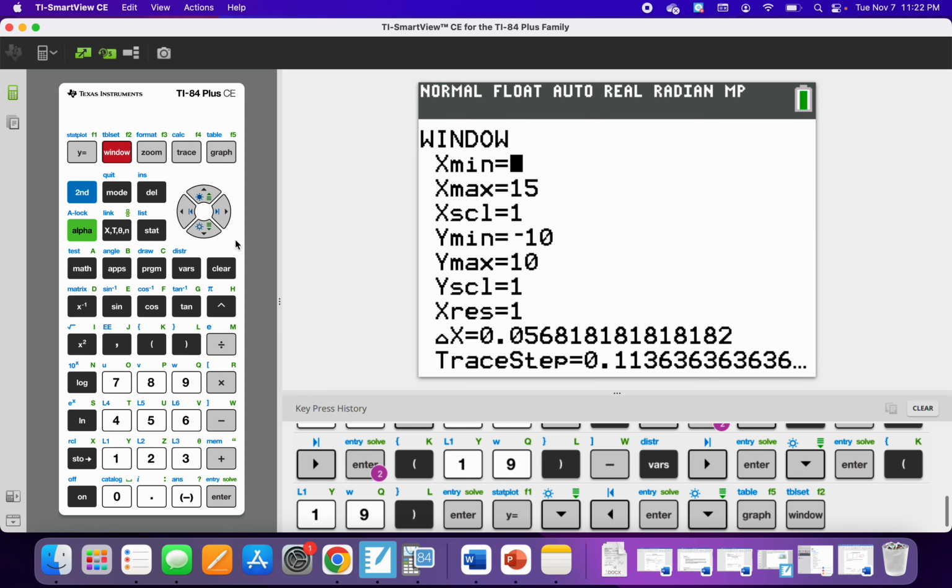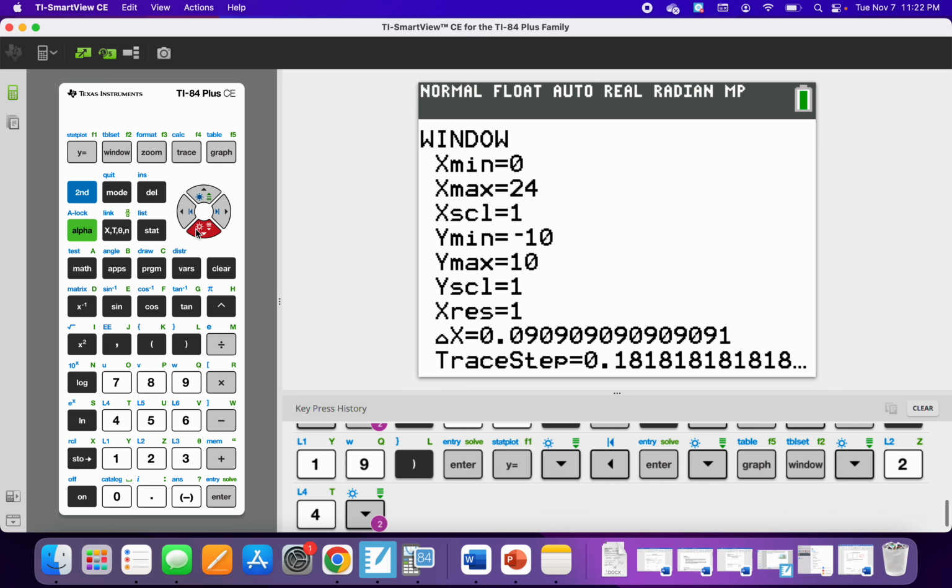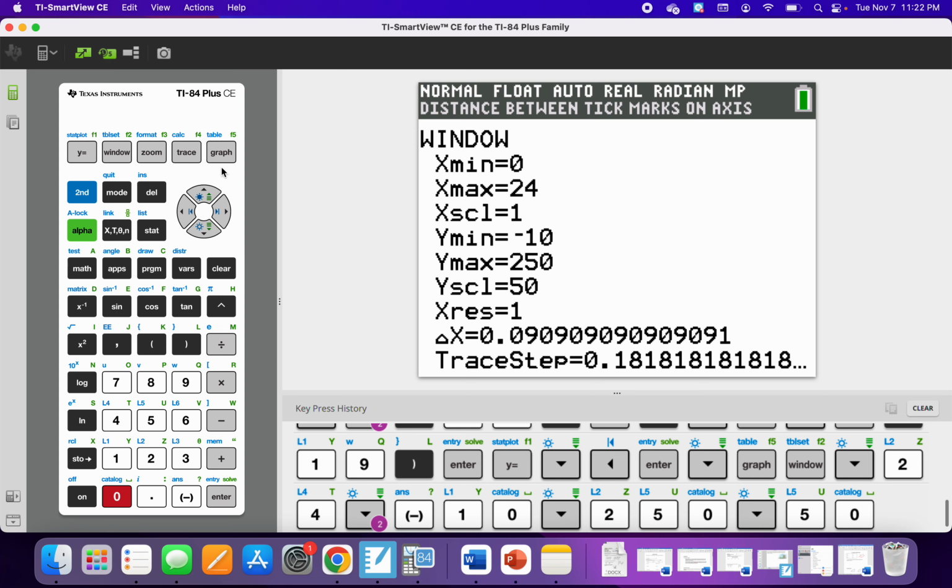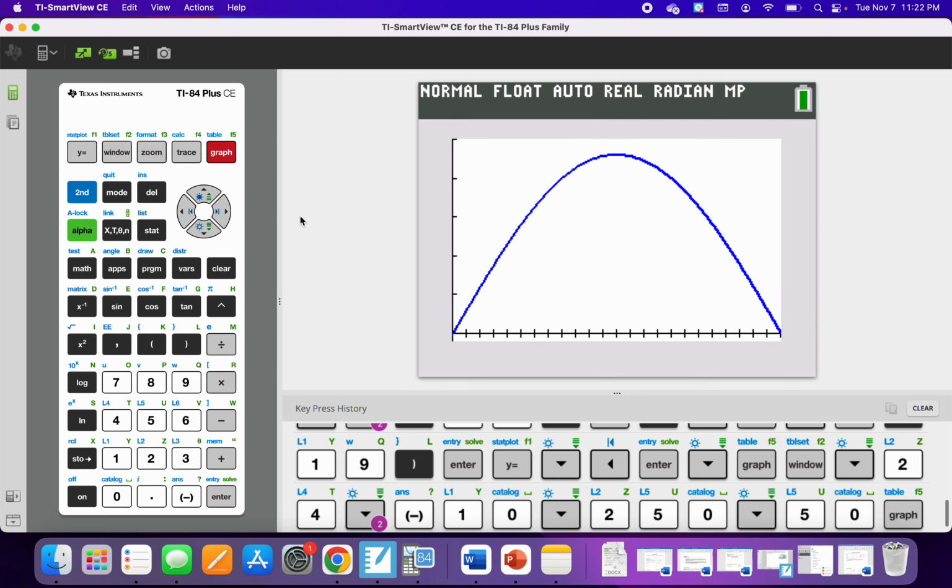So x is my time, so I want 0 to 24. And I will just go ahead and tell you, we're going to go from -10 to 250, and we'll do a scale of 50. I'm going to graph this. So from 0 to 24, the only times that m of t equals 0 is at the endpoints, and we're already going to test those.